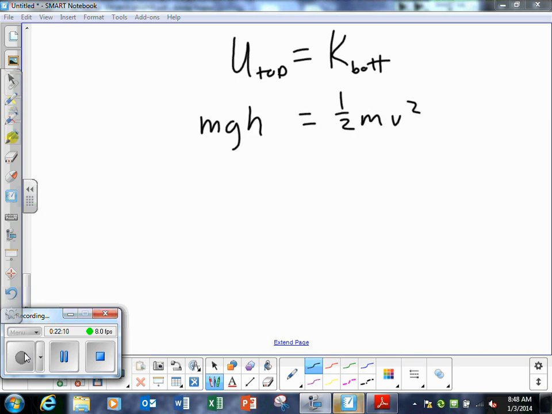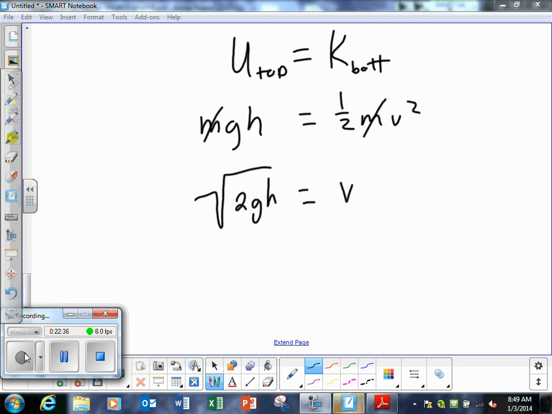What do you see happening to these two formulae right now? Mass cancels out because it's the mass of the ball on both sides, right? So then our velocity here becomes the square root of 2gh. Does that look familiar to anybody?